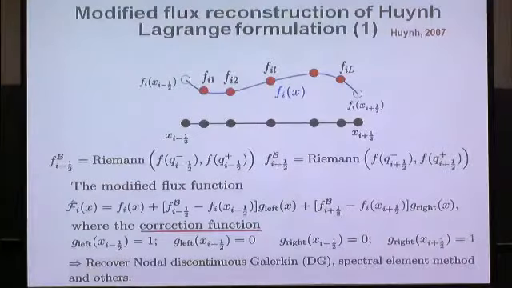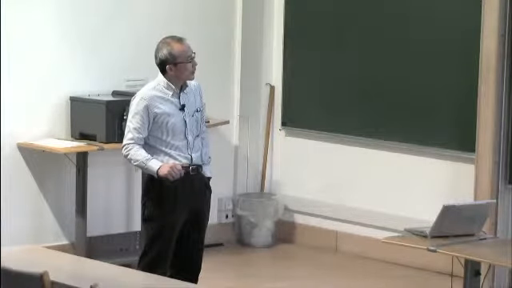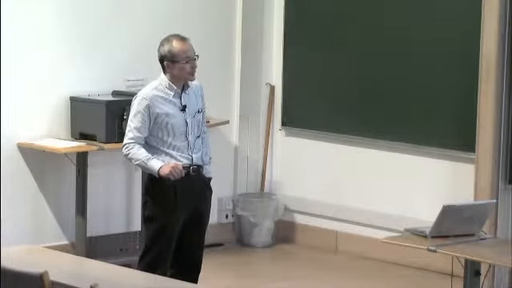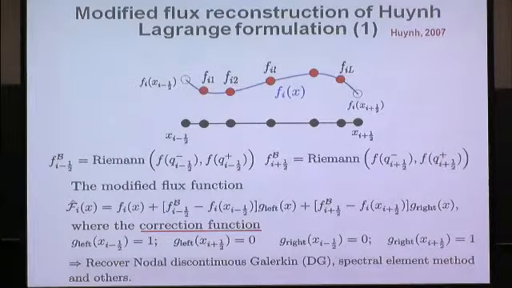And then in a paper of Dr. Huynh, 2007, he suggested a very general formulation to express the modified flux function, and here he introduced a correction function. This correction function can be different, but has to satisfy this kind of condition to guarantee conservation.